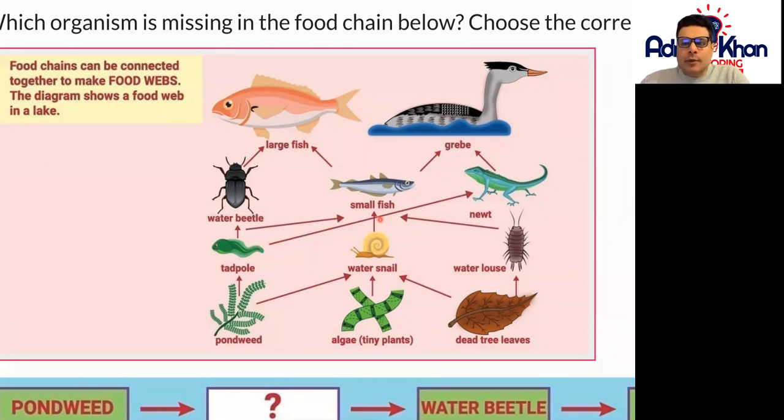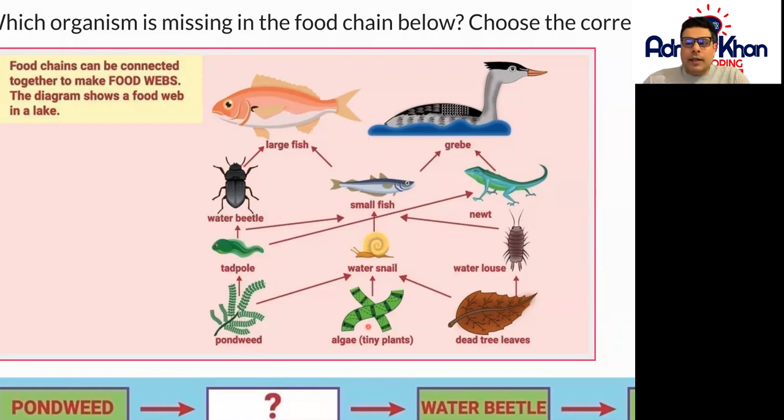So here we go. We start off with the pondweed in the lake, the algae, which are tiny plants, and obviously the dead leaves that blow away from trees into the lake and sink to the bottom. So we can see here that a tadpole will eat a pondweed, and a water beetle is likely to then eat a tadpole, which is a baby frog, and then a large fish is likely to then eat a water beetle.